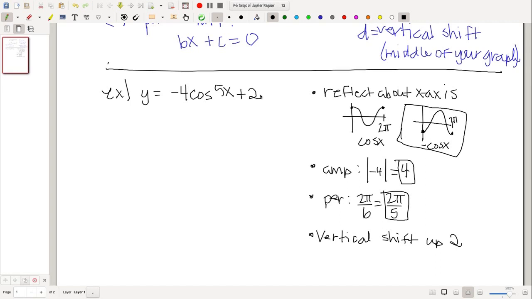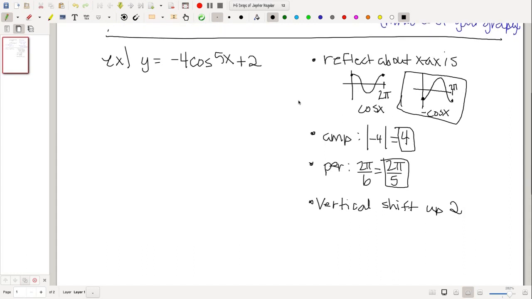All right, and the only thing we have not talked about is the phase shift. Okay, so here's the thing. This 5x, and they didn't have parentheses around it, but if I had parentheses, it would just be right here. There's no parentheses around this 2, so it's your vertical shift. We have no c, so there is no phase shift. There is no horizontal shift.